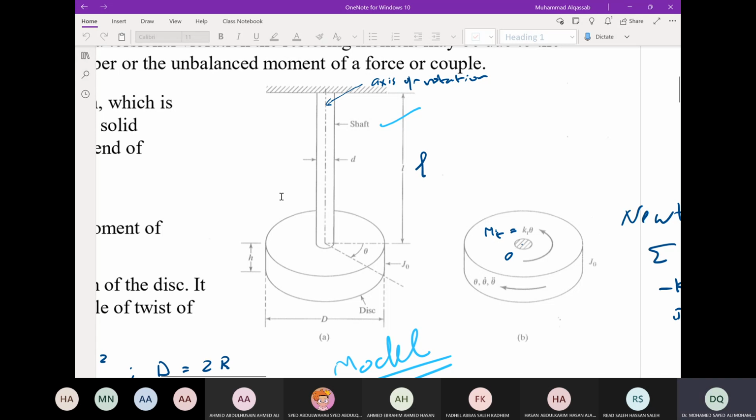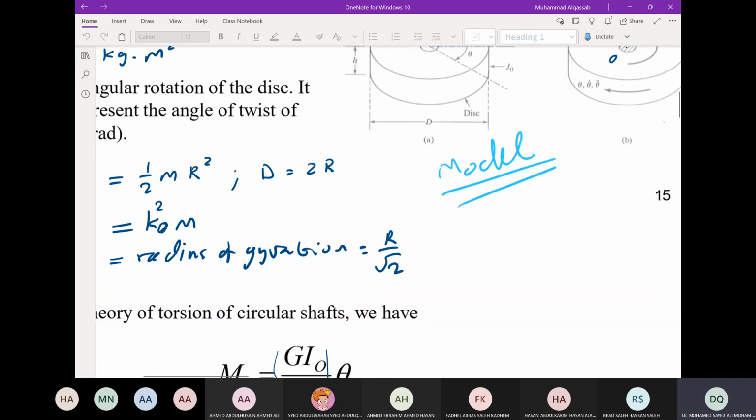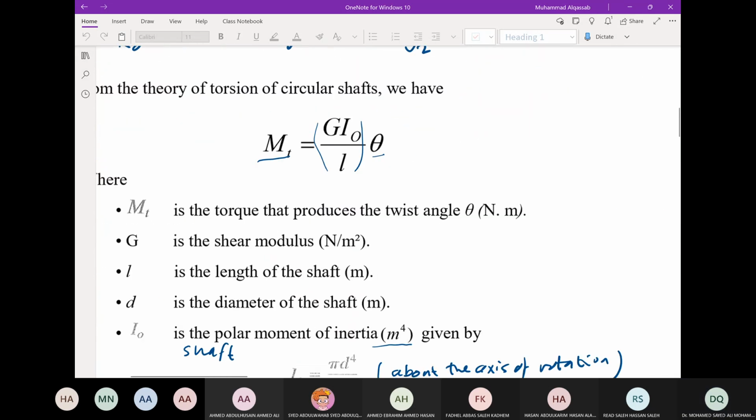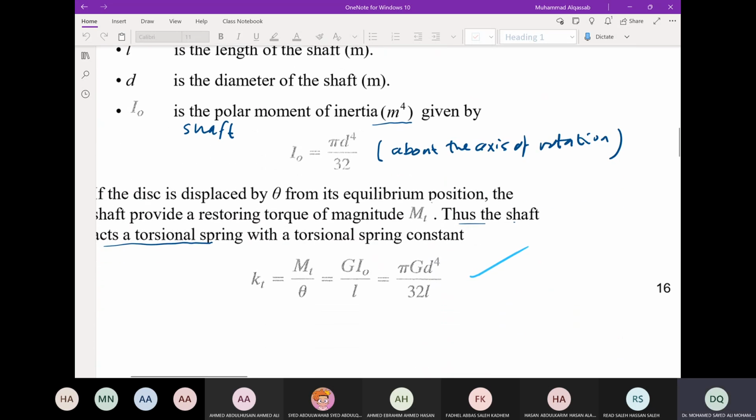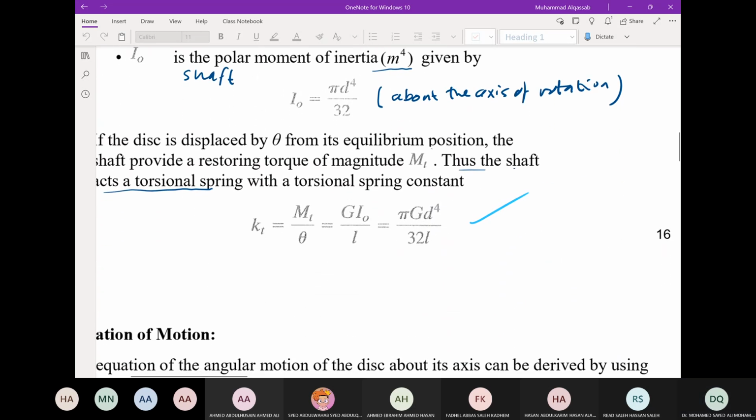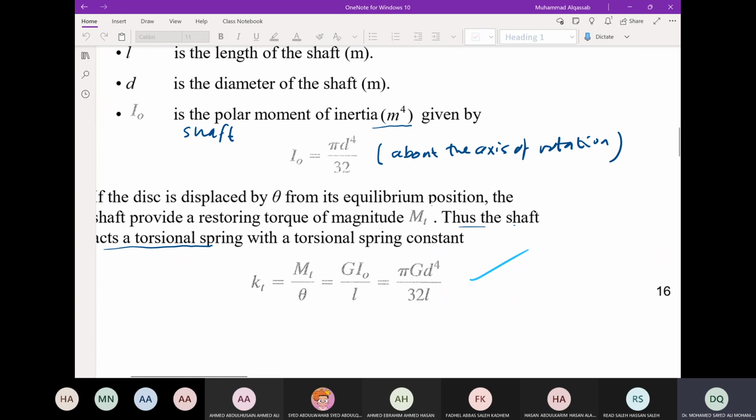So omega n is square root of kt over j, which is j is the moment of inertia, and kt is obtained by the equivalent stiffness, which is pi g d to the power 4 over 32L.